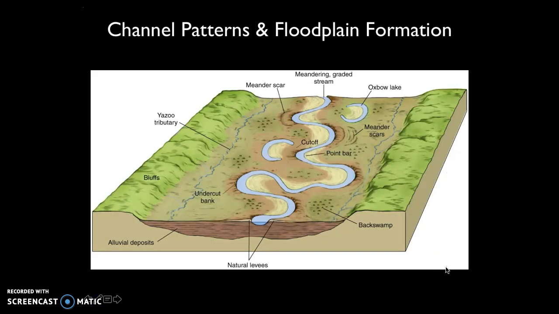So the channel pattern itself, the channel type, is going to determine how big a floodplain you have and how it's going to be shaped. A meandering or braided channel usually is one where you're going to have some sort of floodplain formation due to it. Say you had a braided channel that carried a lot of water and sediment during springtime.